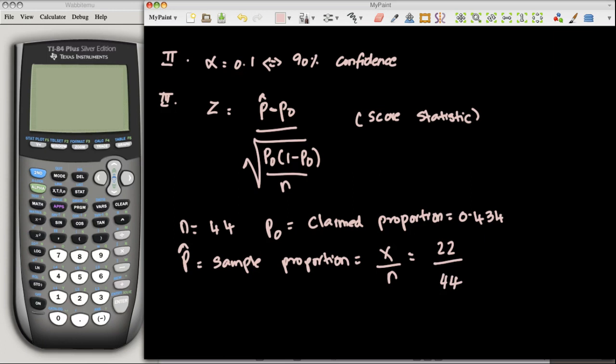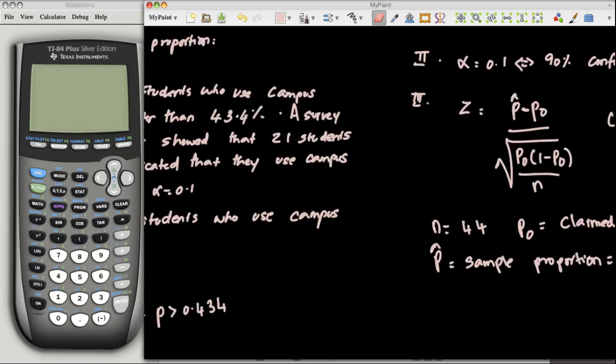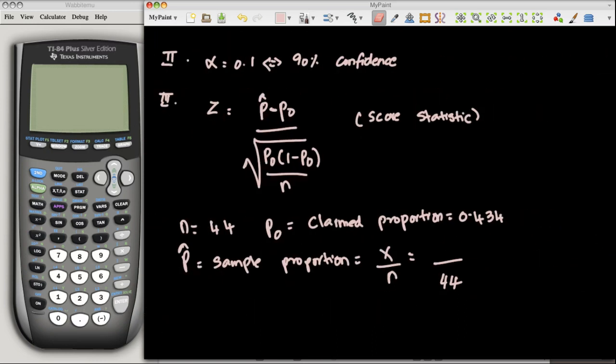I believe x here was 21, not 22. It's 21. So P hat is 21 over 44, which turns out to be 0.4773.